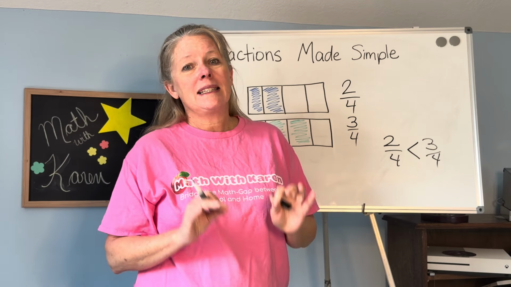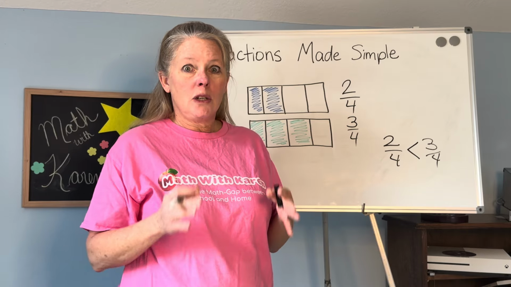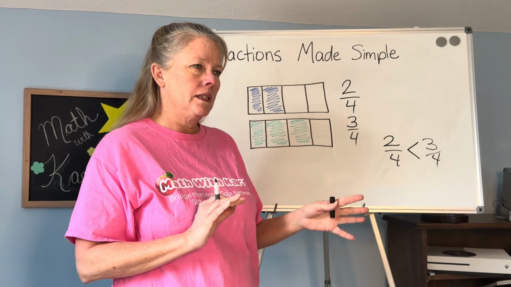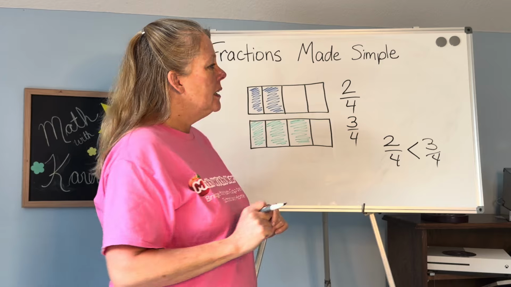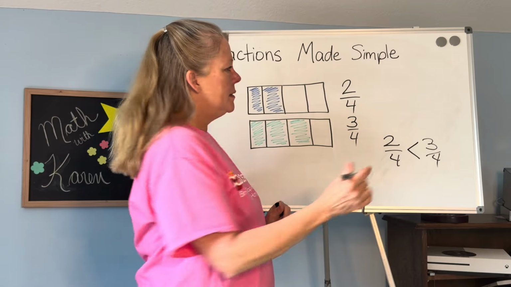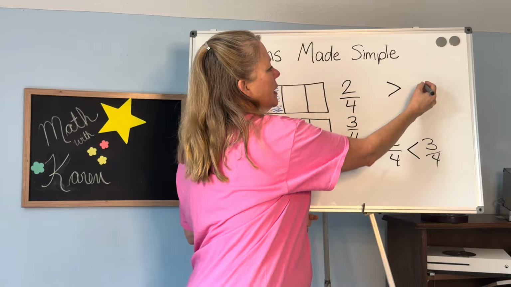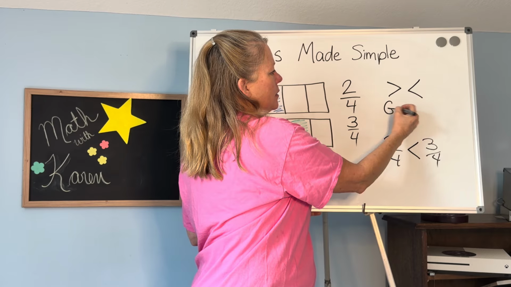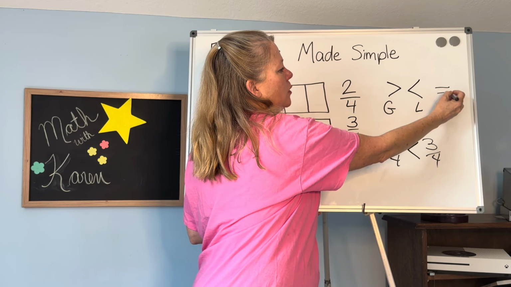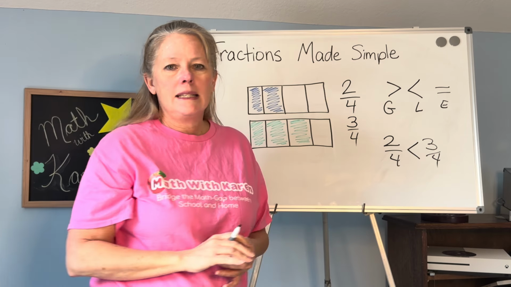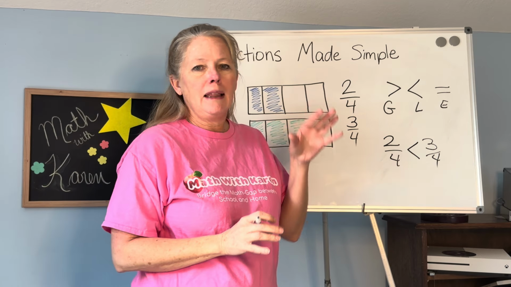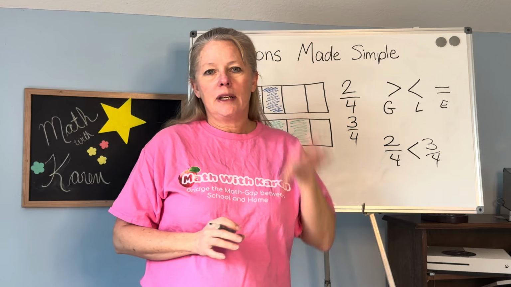Another common mistake some students make when they first get started with this, because it's been a while since they've done it in years past, is which sign means what. So you have your greater than sign, you have your less than sign, so we'll put some things here, and your equal. I know you've probably heard the alligator mouth, where the alligator eats the bigger piece.